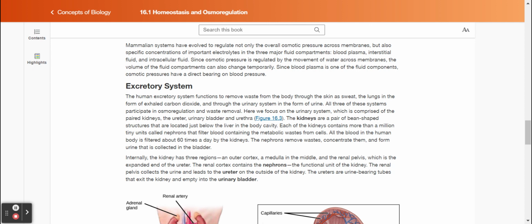Since osmotic pressure is regulated by the movement of water across membranes, the volume of the fluid compartments can also change temporarily. Since blood plasma is one of the fluid components, osmotic pressures have a direct bearing on blood pressure.